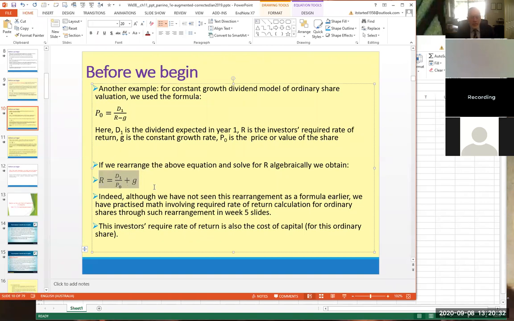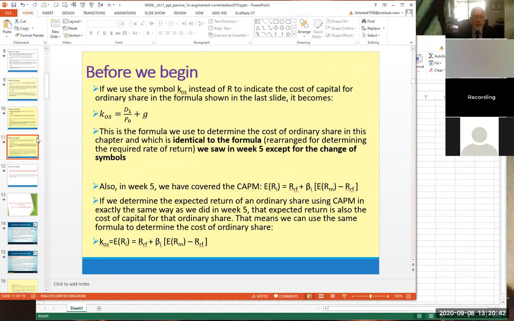Don't take the bad grammar or the bad spelling too seriously. It's simply so that the letter C is used for other things. Okay, there we have it. The transformed equation now expressed as a cost of ordinary shares.